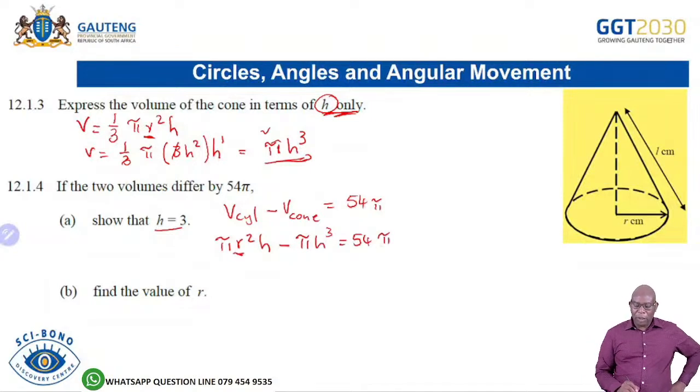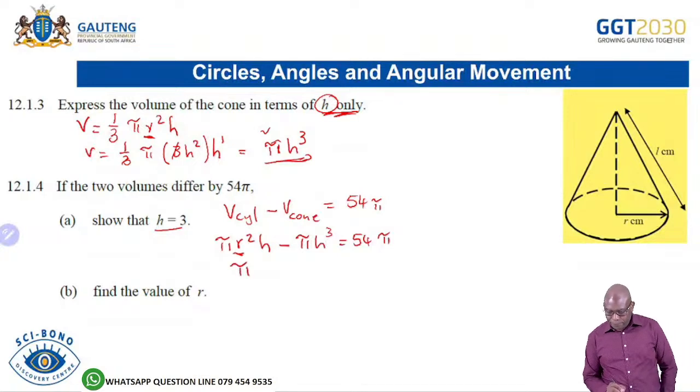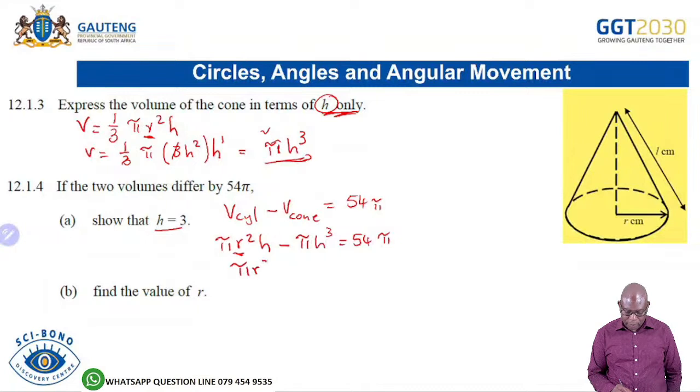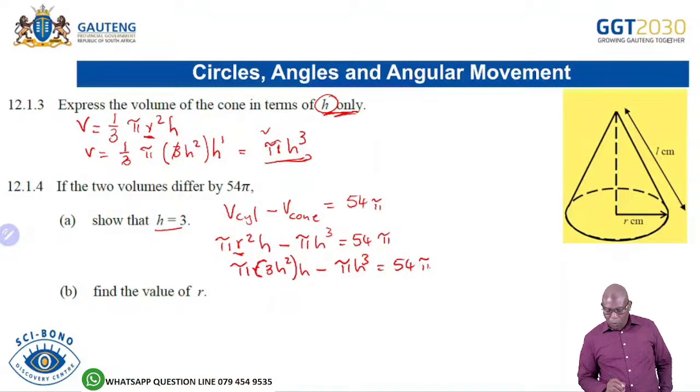The r squared, I already know. What is pi r squared? It's going to be 3h squared. So it will be pi r squared, pi multiplied by the r squared, is going to be 3h squared multiplied by h minus pi h cubed. That should be 54 pi. Right. So what am I going to get there?